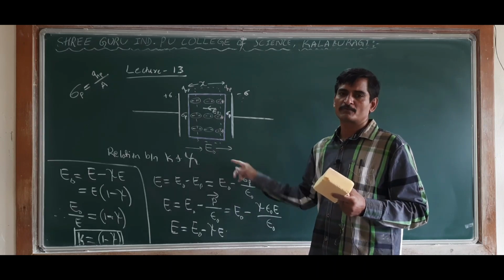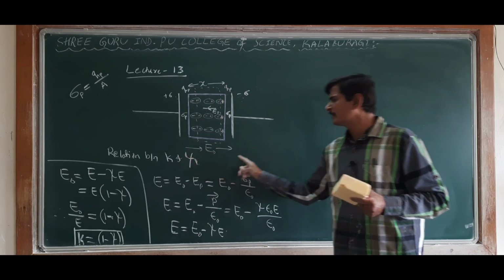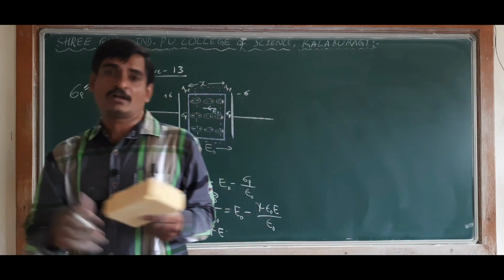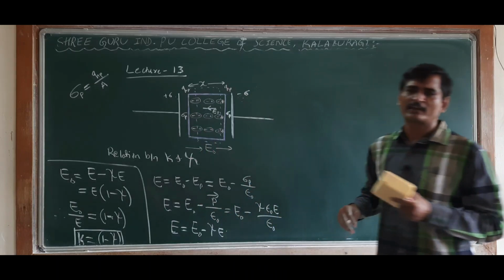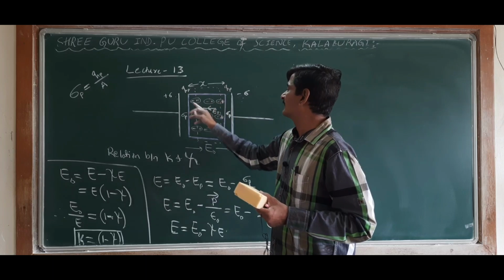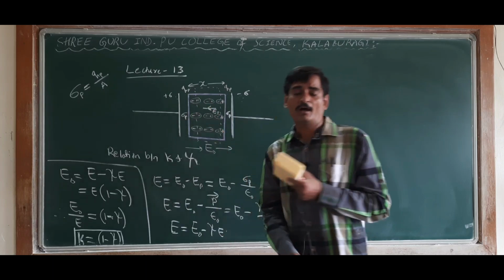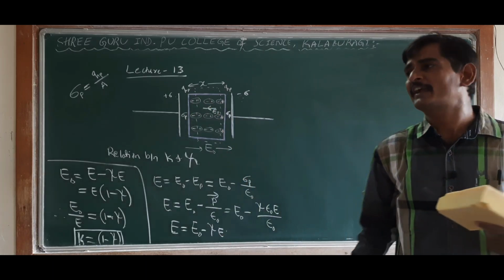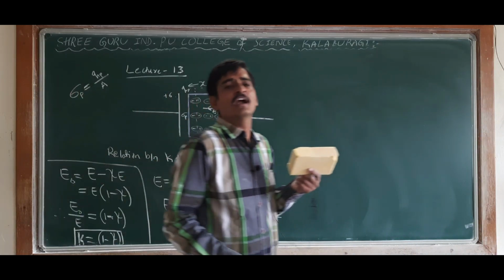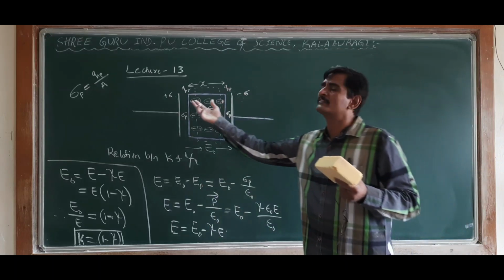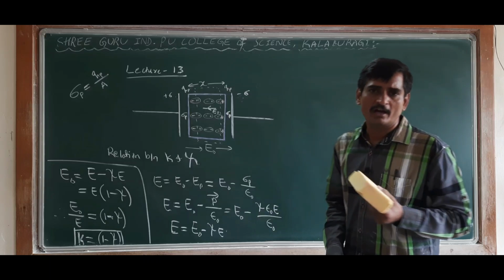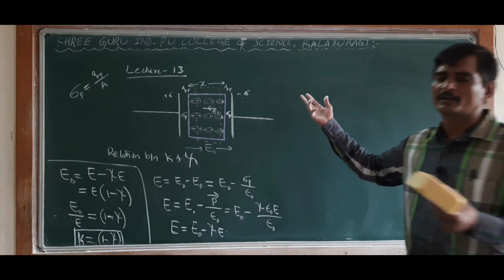Listen to my explanation carefully. When a very high, intense electric field is applied, not an ordinary electric field, then the molecules or atoms inside the dielectric will experience a large value of force, and that force is not balanced by the internal restoring force present in the atoms or molecules.